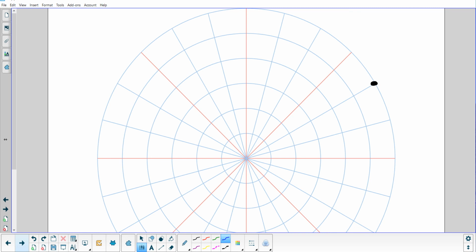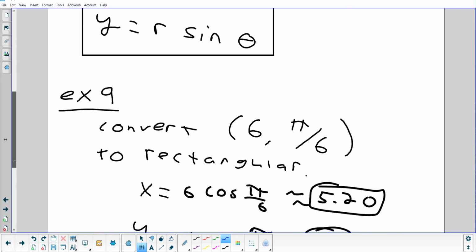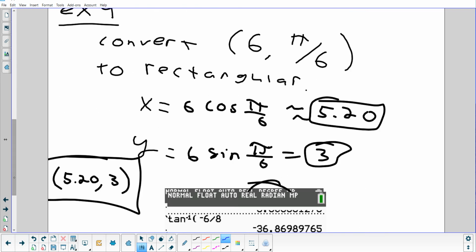Now, what I'm going to do is leave that point right where it is, and change the background behind it to rectangular. If we did this right, the point should look like it's exactly 5.2 units right and 3 units up.